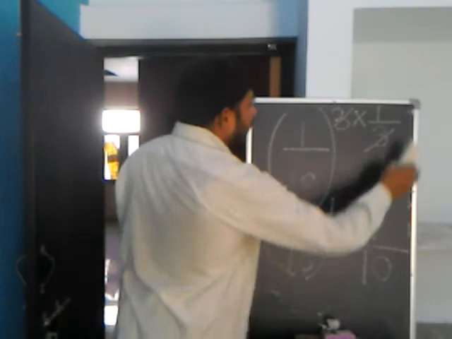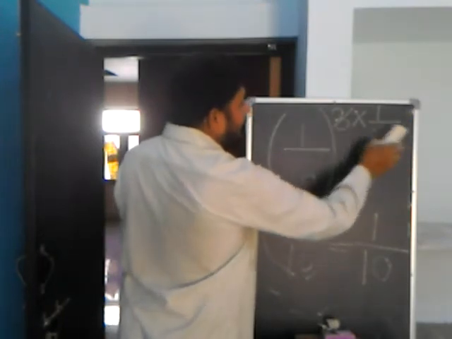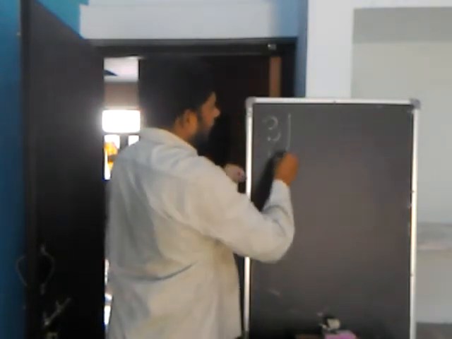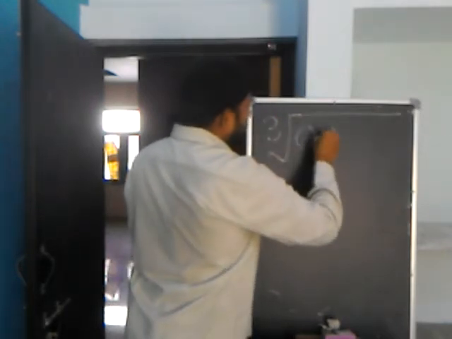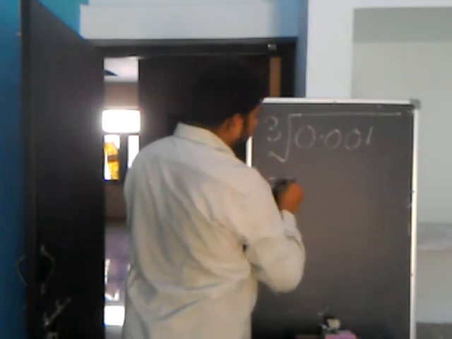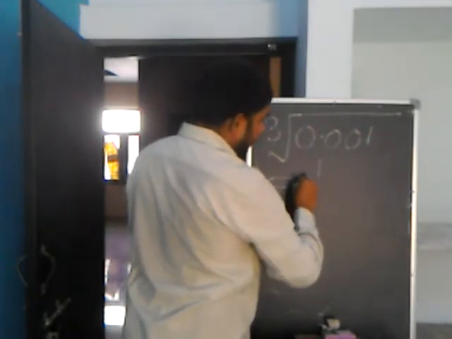What we did, we divided this 3 from this, because this was in numerator and this was in denominator. Now what did we get? We get 1 by 10. That means cube root of 0.001 is equal to 1 by 10.